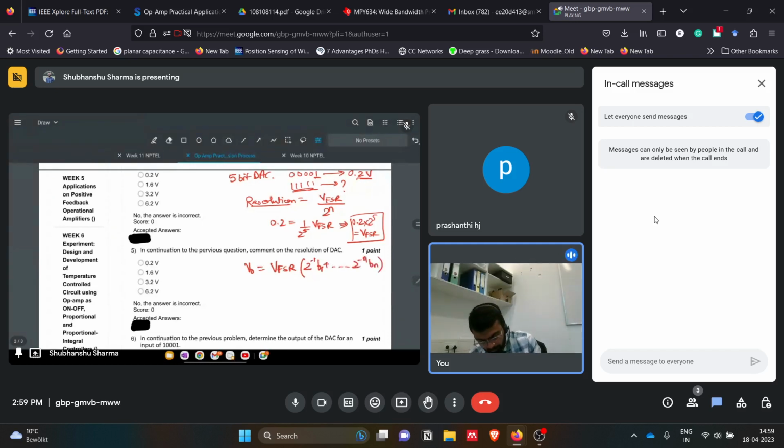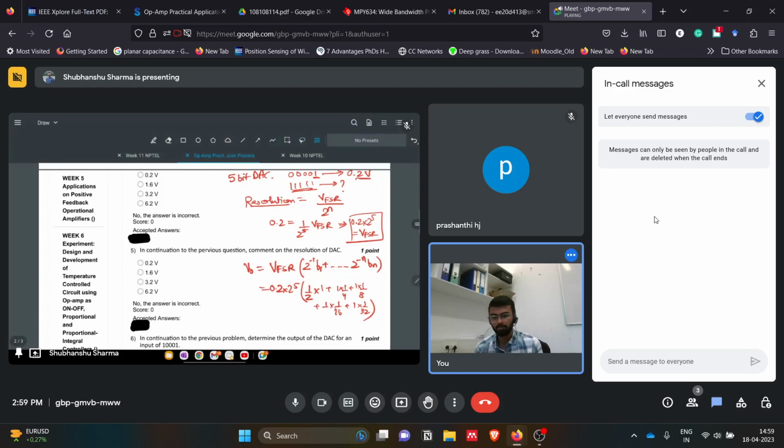We have a 5-bit DAC, so it will be 0.2 into 2 to the power 5 times (1 by 2 into B1, and B1 is 1, plus 1 into 1 by 4 plus 1 into 1 by 8 plus 1 into 1 by 16 plus 1 into 1 by 32). 1 2 3 4 5, yes. If we solve this, we can get the answer. This is also an easy question.